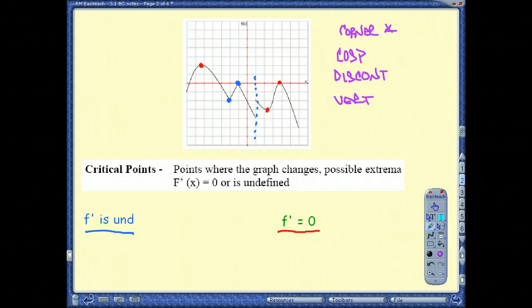Only a corner or a cusp can grow up to be an extrema. Your corner, that can be a high point. Your cusp, that can be a high point. Discontinuity can't be. Vertical tangent also cannot be. So that's why you really have to pay attention to when you are undefined, are you an actual point on the graph? Because you can have extrema coming from those undefined derivative points.